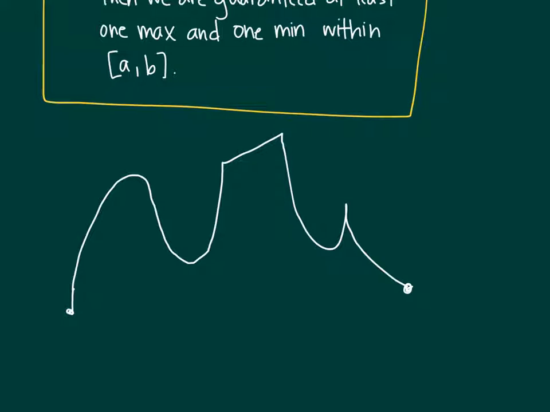Is it differentiable? Yes or no? Is it continuous? Yes. Is it differentiable? No. Why not? They're close. There are corners and a cusp. Okay. But it is continuous and it is closed.